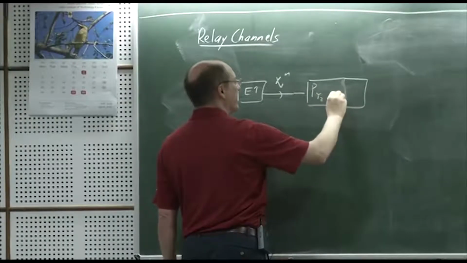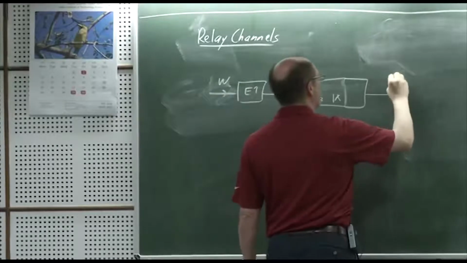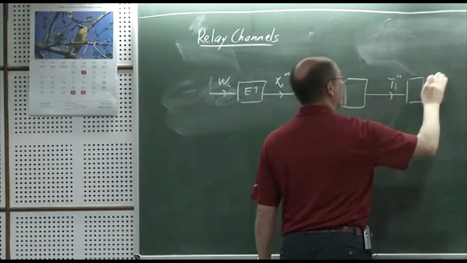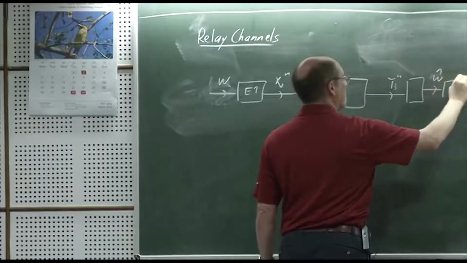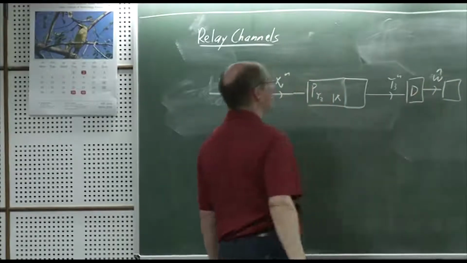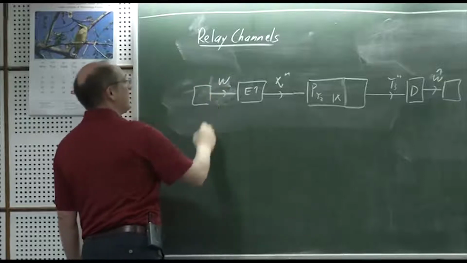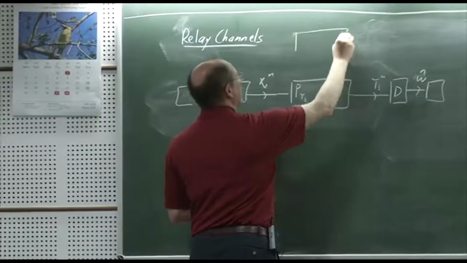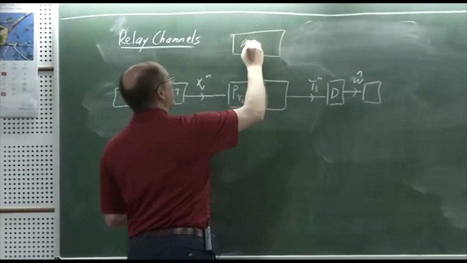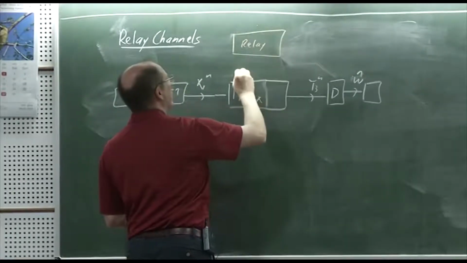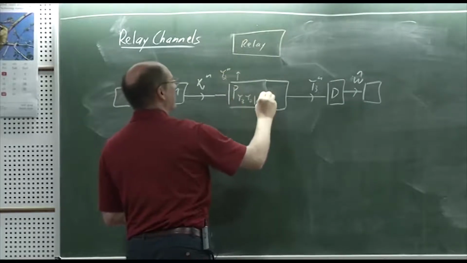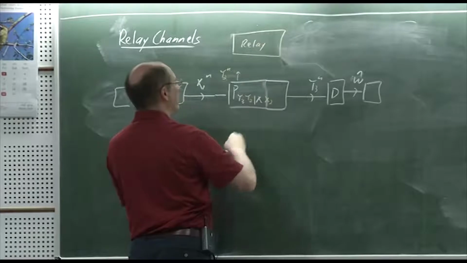We'll wind up having 3 terminals, so Y3 and W hat, the decoder, okay. And the addition is that we have a third node called the relay node 2, that gets 1 output and is allowed to send 1 input.